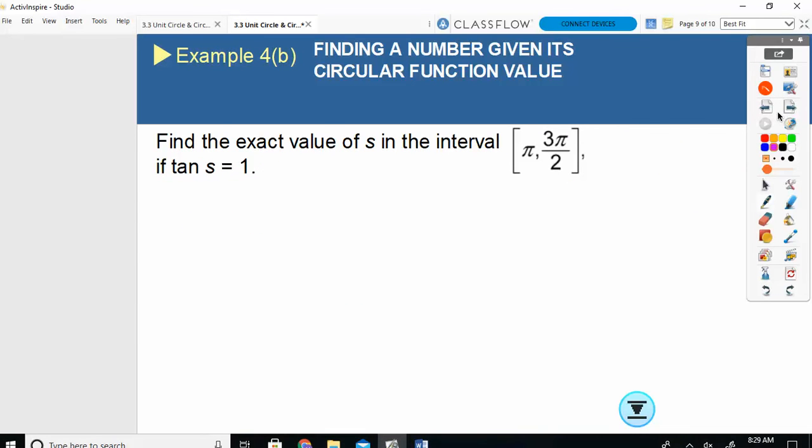What if I said this? Find the angle in the interval pi to 3 pi over 2 if tangent of S is equal to 1. All right, if I am between pi and 3 pi over 2, what quadrant is that?